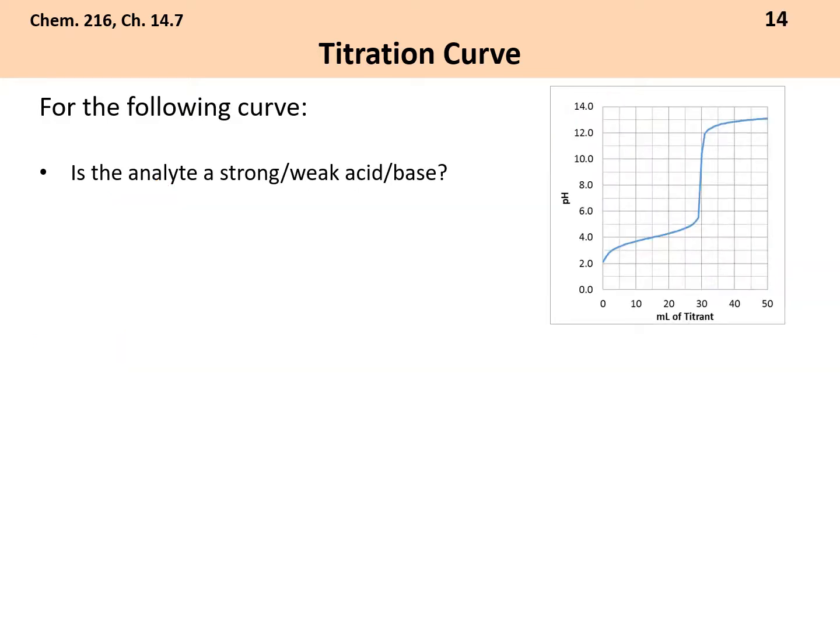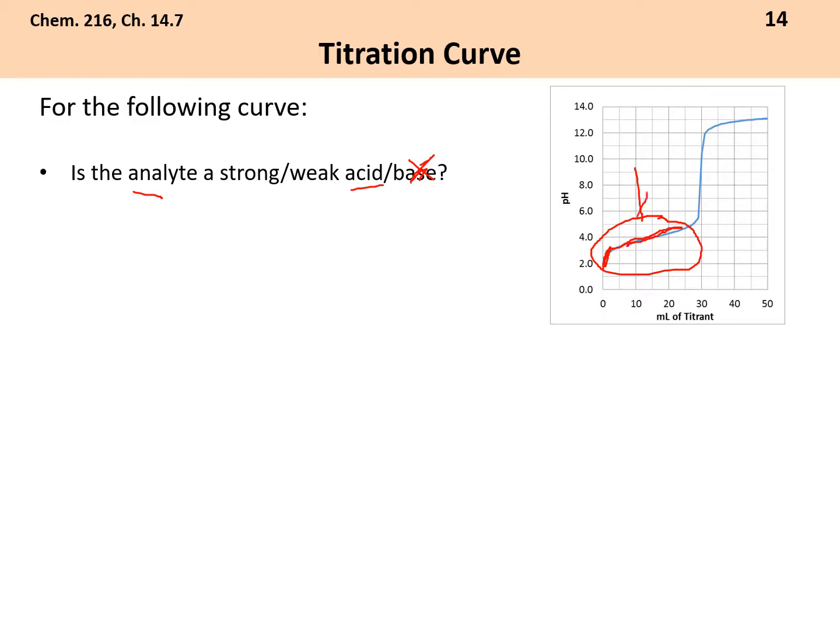All right, let's look at another one. Let's say we have this curve. In this curve, we're asked, is our analyte, what we start with, a strong or weak acid or base? Well, it's an acid because it starts off at low pH. And notice we have this big increase at the very beginning, and then we have this gradual rise.